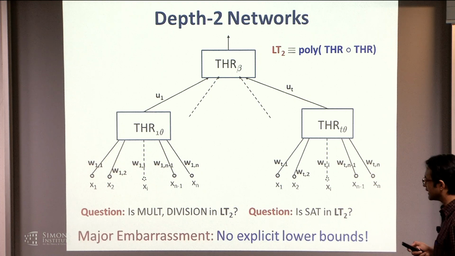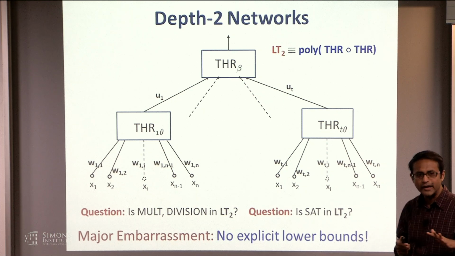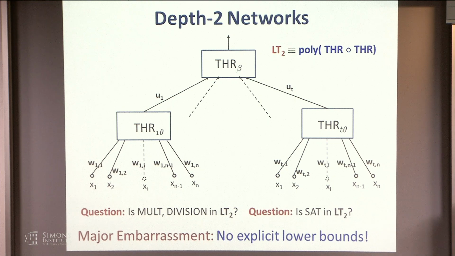And this seems like a really, really basic problem. I mean, just depth 2 linear threshold networks, we have no explicit lower bounds, not even next. So, well, don't feel too bad about it. The purpose of my talk is to possibly give some reasons why this might be non-trivial to do.